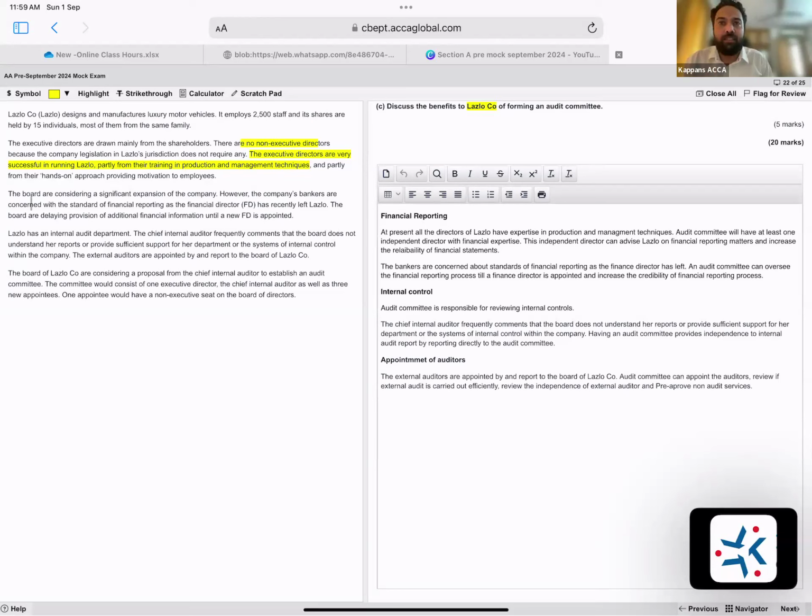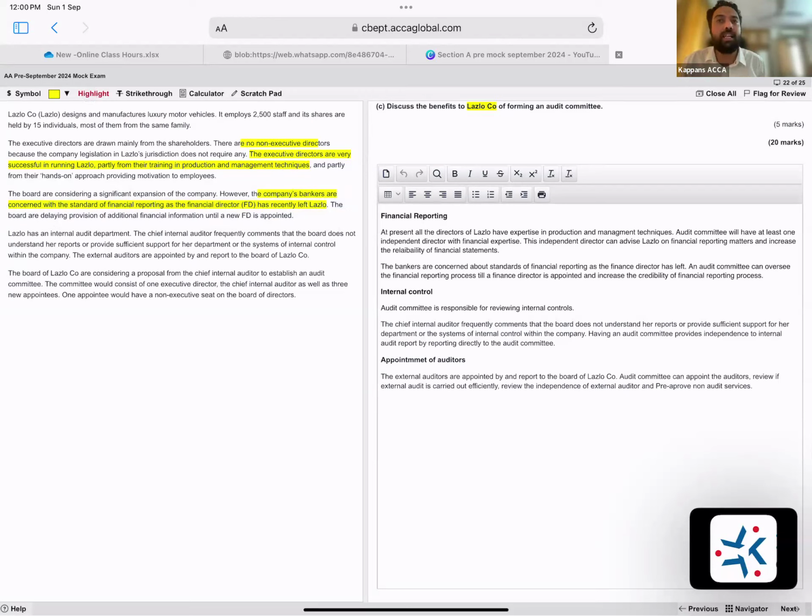And read the next paragraph. The board is considering a significant expansion of the company. However, company's bankers are concerned with the standard of financial reporting as the financial director has left Laszlo. So the bankers have a concern with the standard of financial reporting because the finance director has left.